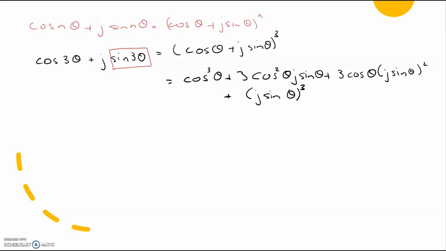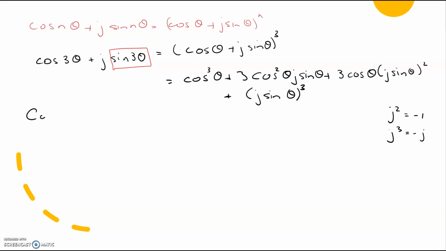Okay, we'll probably go to the next step. We know that j squared equals -1 and that j cubed equals -j. So just remember that.